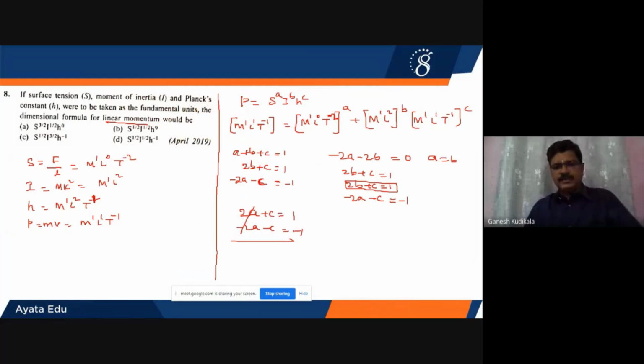Adding these two, both get cancelled. Energy should actually be M1 L2. If it is M1 L2, 2B plus C.